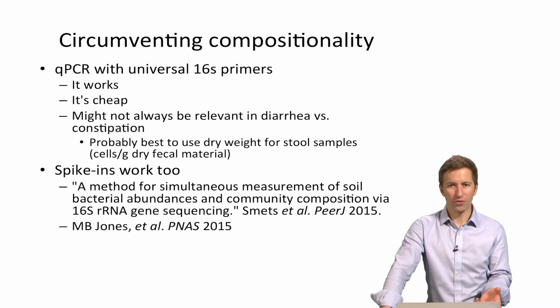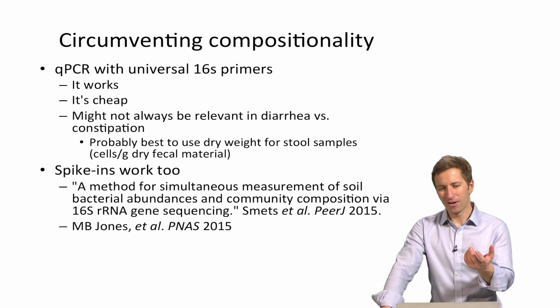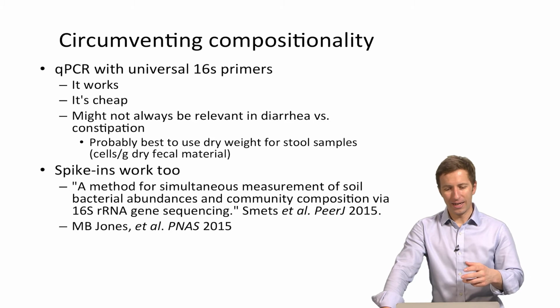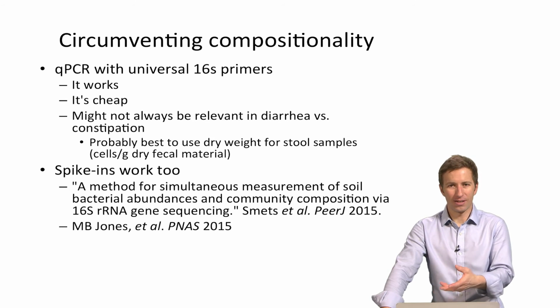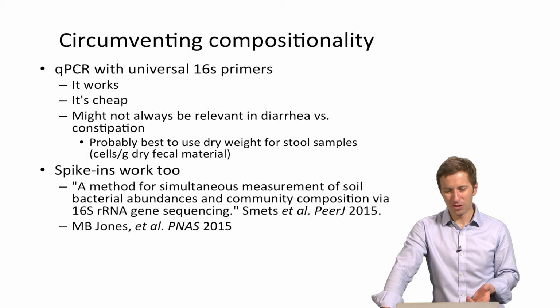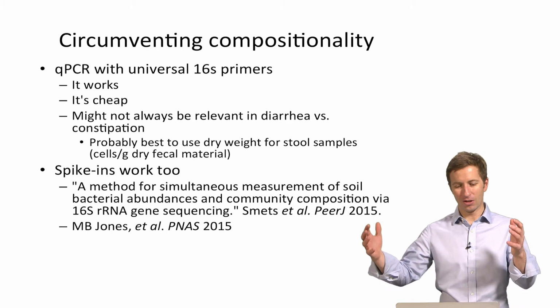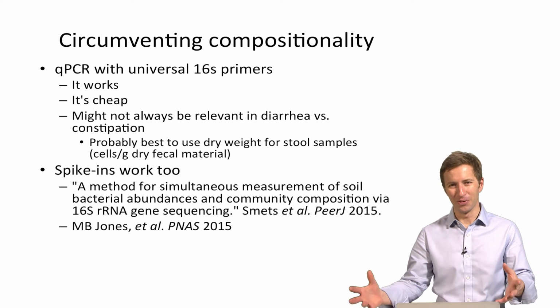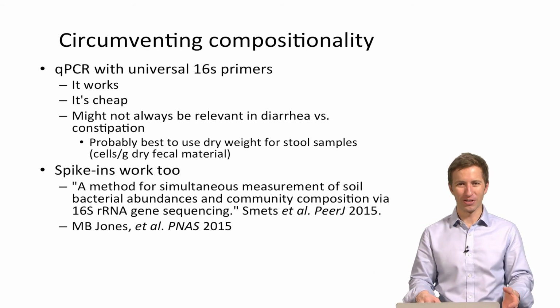If you're dealing with stool, for example, how do you compare total load in a diarrhea sample to a constipation sample? If someone has diarrhea, then there might just be a very diluted signal there, and so it's tricky to know. Maybe you should be tracking the total load of fecal material produced by that person within 24 hours and normalize to that.